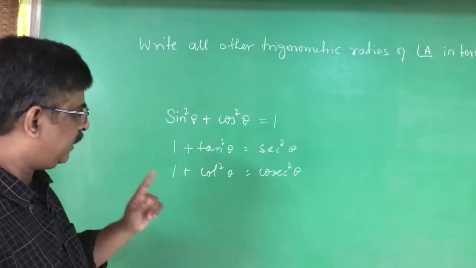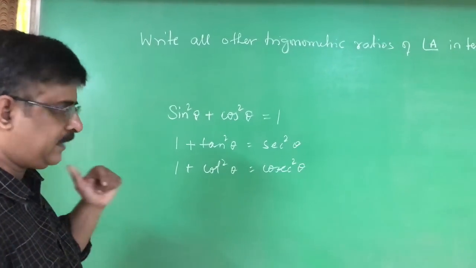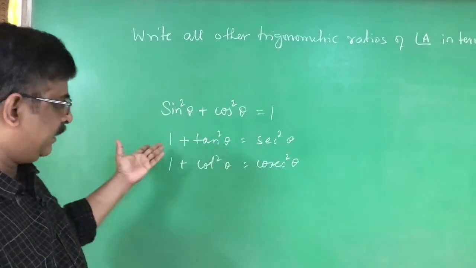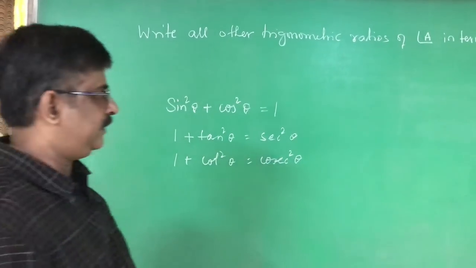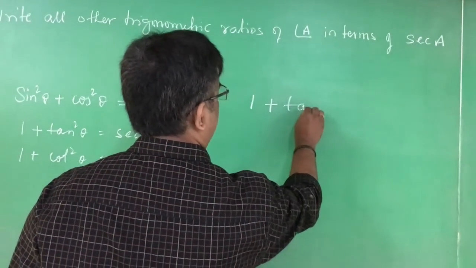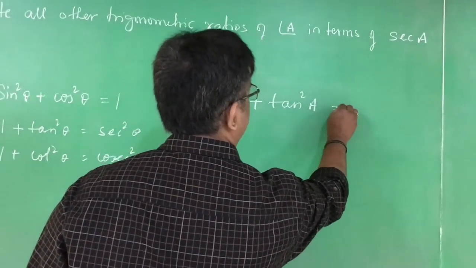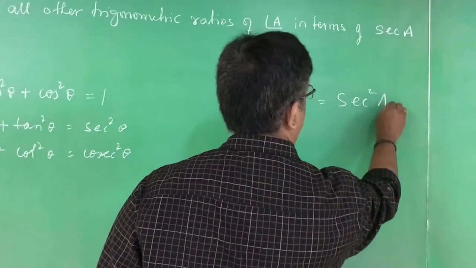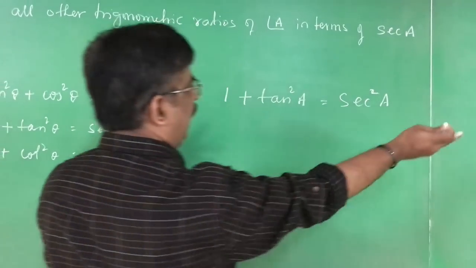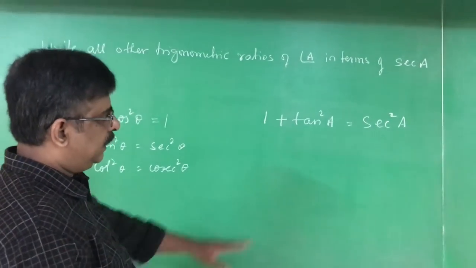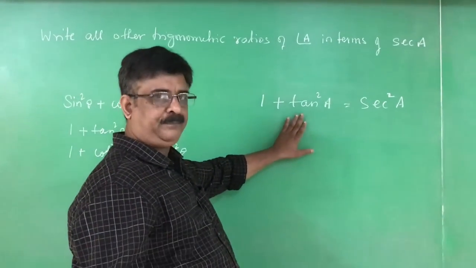If you wanted to find the relationship between tan and secant, which identity is used? This one, tan and secant are here only. The ready-made identity is there. The identity is 1 plus tan square A is equal to secant square A, ready-made. There is no need to derive at all, already it is there, but we can do one step. Which is that step? This side we have to keep only tan.